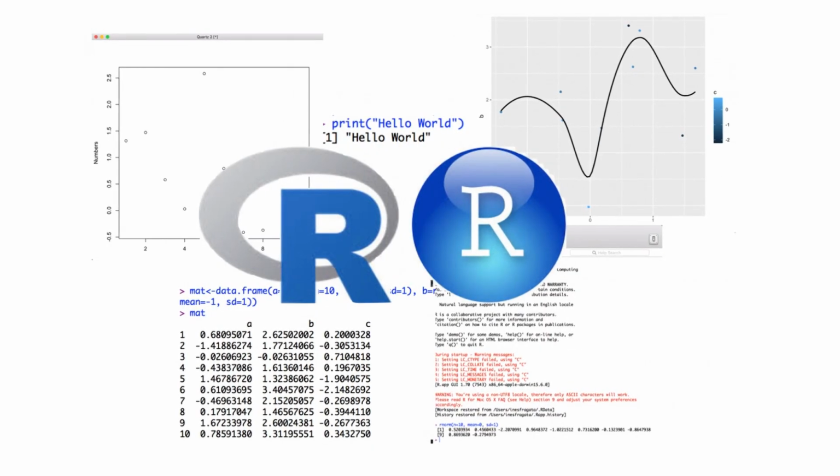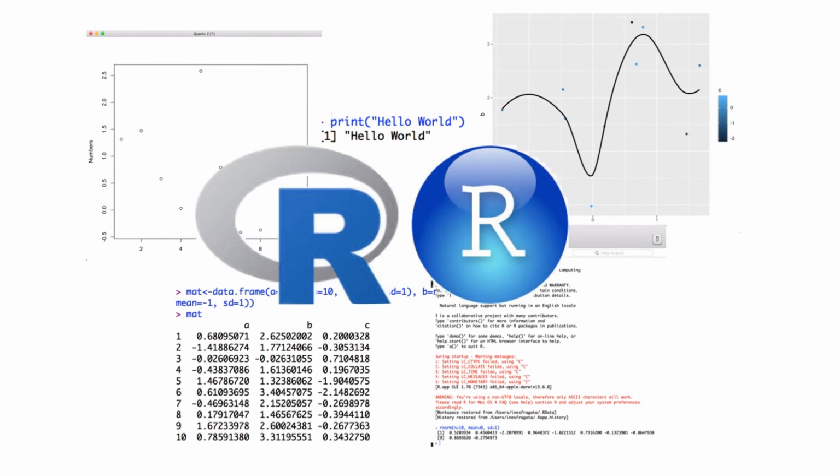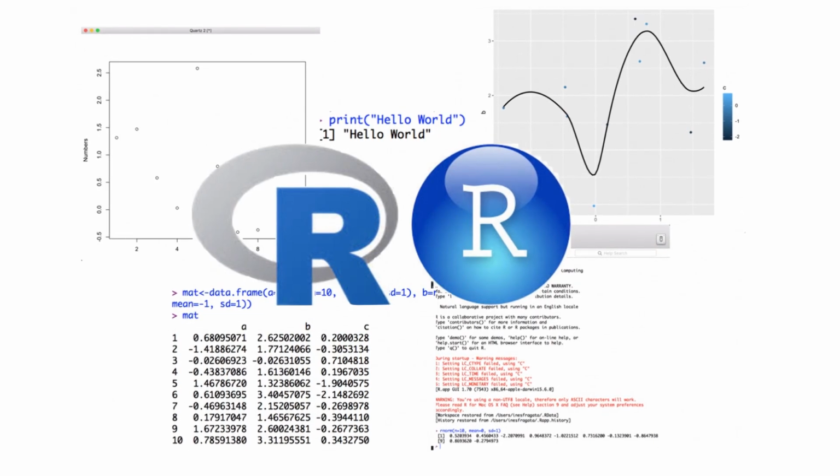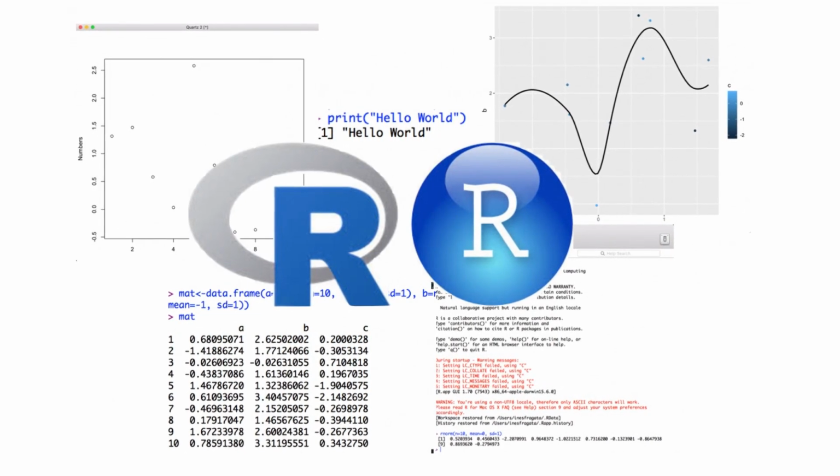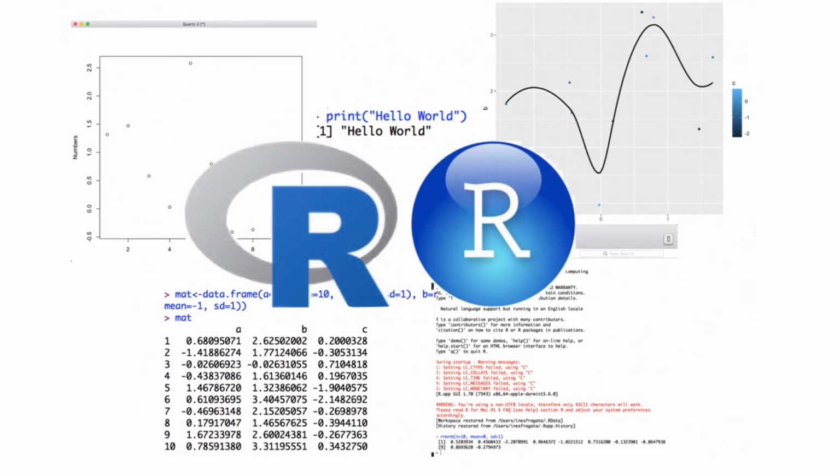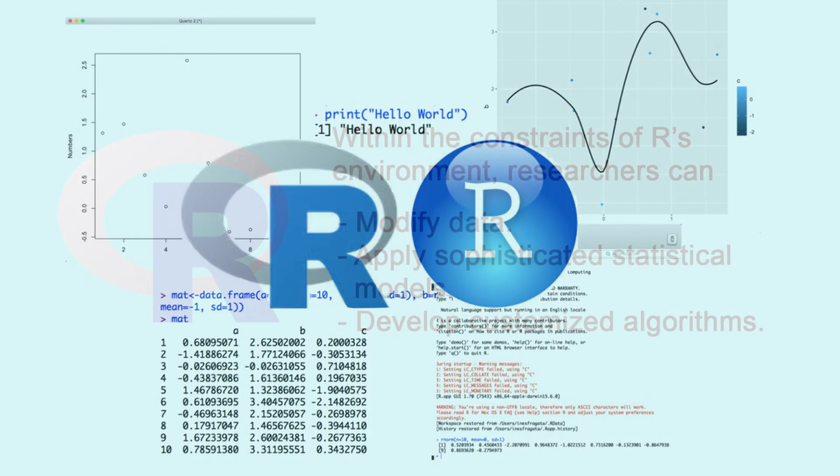R is a flexible programming language and it meets the complex requirements of researchers exploring urban dynamics. Because of its adaptability, specialists can create specialized studies that answer the precise issues raised by the urban environment.